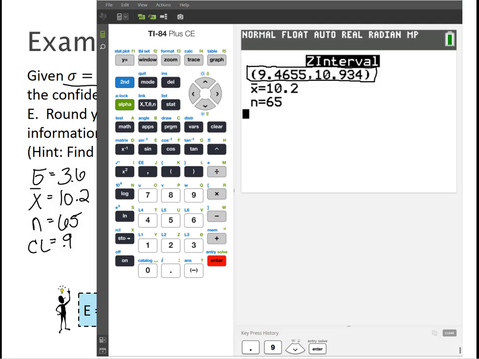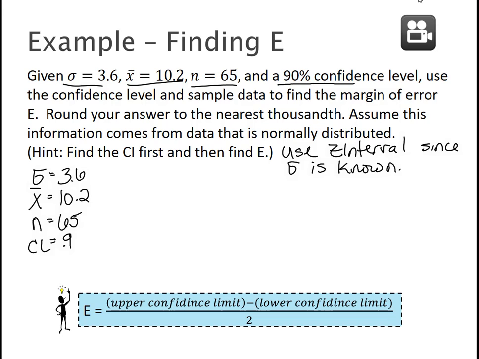My upper confidence limit only has 3 decimal places, so I'm going to leave that. Let's record my answer. My confidence interval is (9.466, 10.934), and I keep that in parentheses.